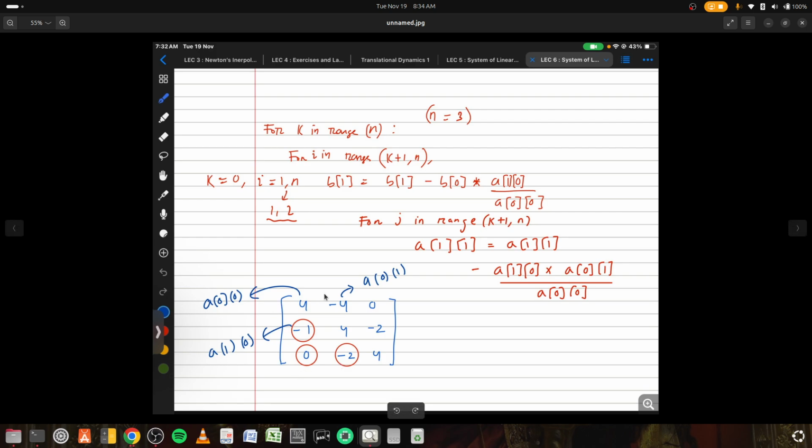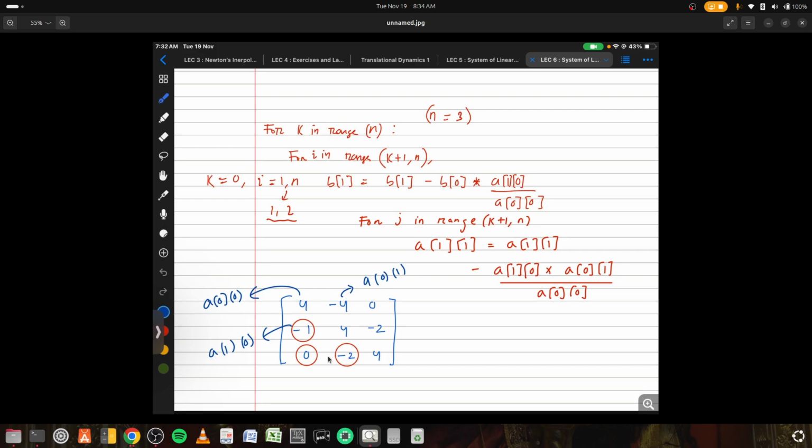If you just modify these elements of the upper triangular form, that will be it. Because when you do the back substitution, these quantities will not be needed, because our method is like that, right?